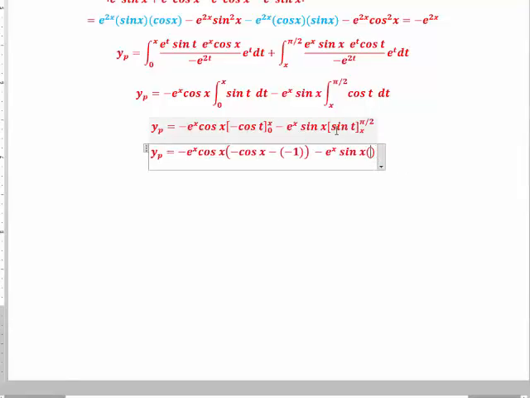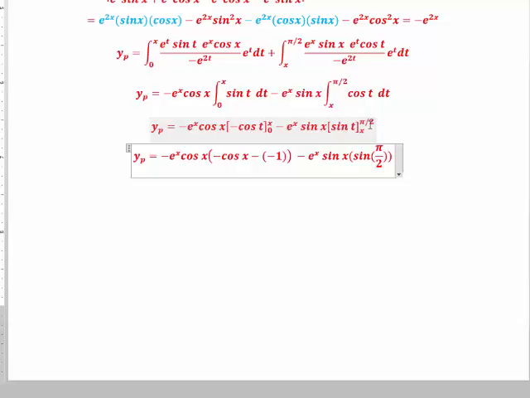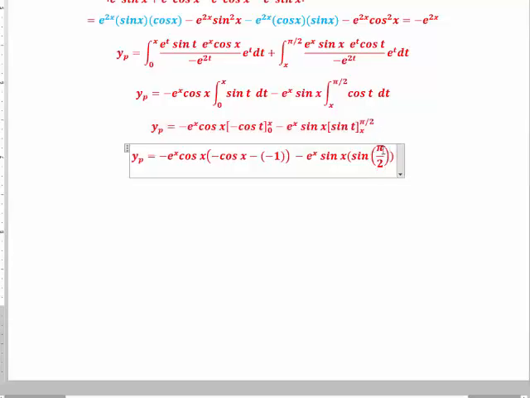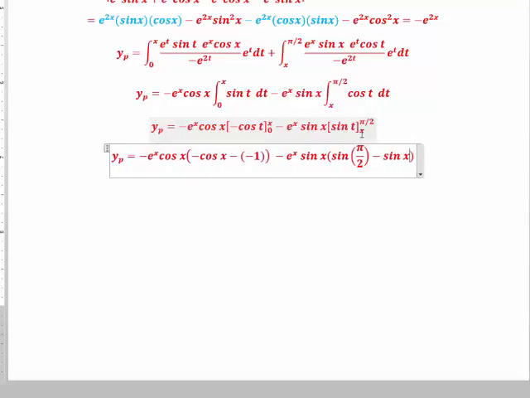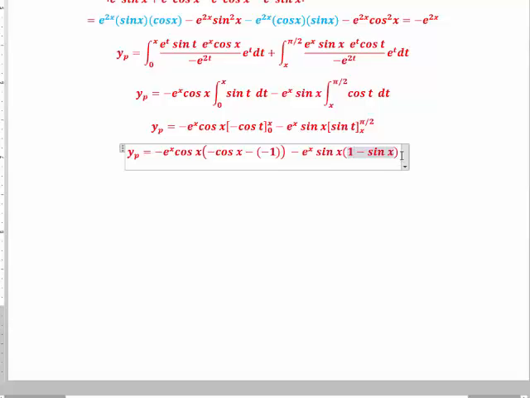This one's going to look like the sine of pi over 2 minus the lower limit x, so that's a sine of x. Oh wait, what's sine of pi over 2? Sine of pi over 2 I think is 1, so we can replace that with 1.